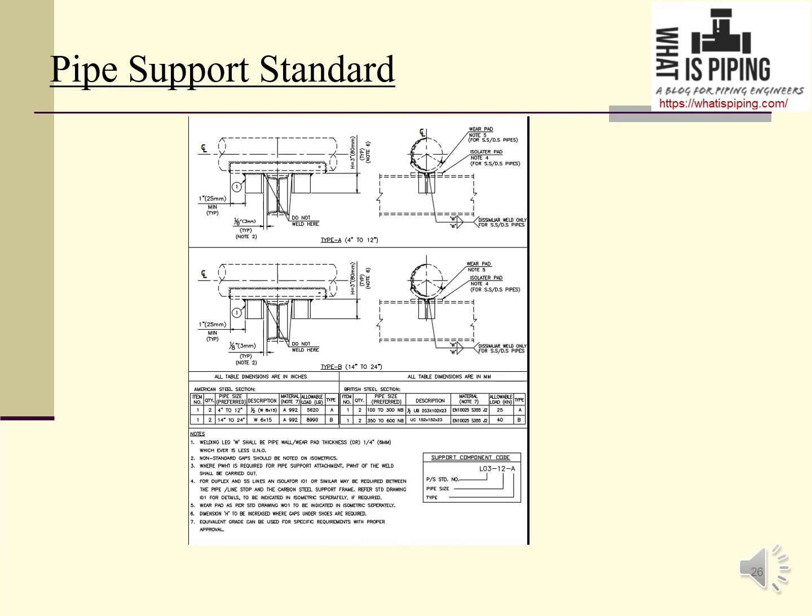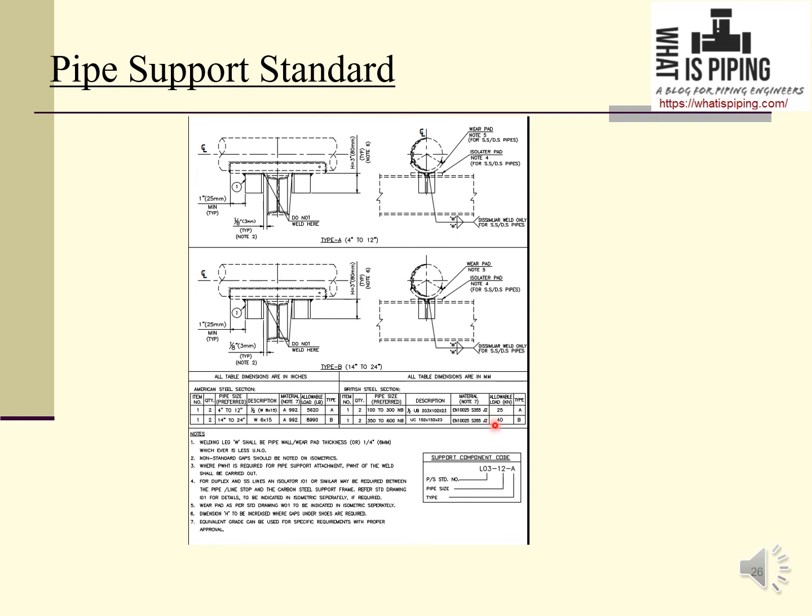Now this is an example of a typical standard pipe support. Here it is an example of line stop, because pipe will not be able to move in axial direction. So this type of drawings along with members, if any wear pad is required, welding philosophy, all these things will be mentioned here.